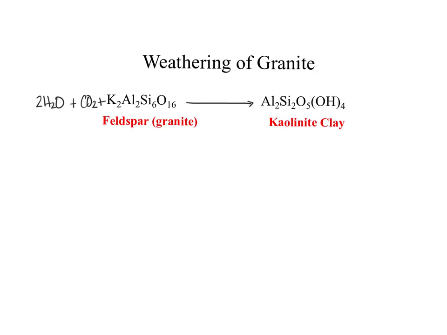It's an aluminosilicate, and there are also other products that it forms. It also forms SiO2, so there's some silica, and potassium carbonate. So when granite feldspar goes through weathering, it forms the aluminosilicate mineral. So there's the aluminum, there's the silicate.